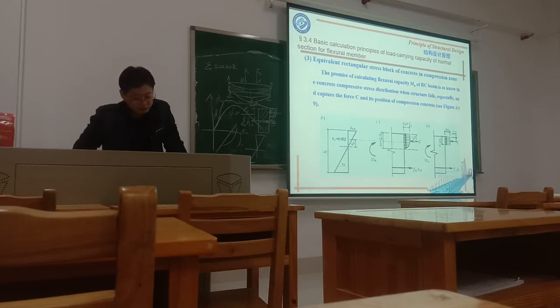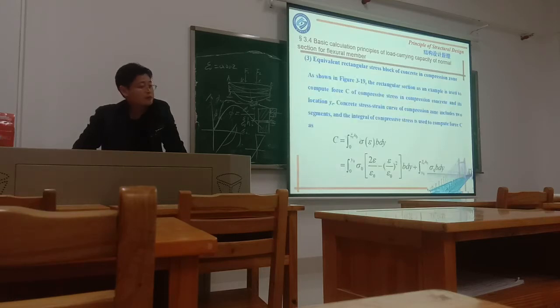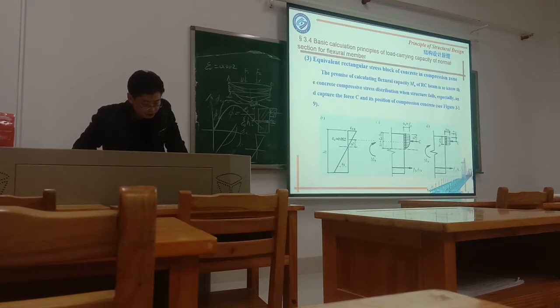Then, if we want to calculate the force C, we need to integrate, just like this, from 0 to xc. What's xc? xc is the height of the compression zone.